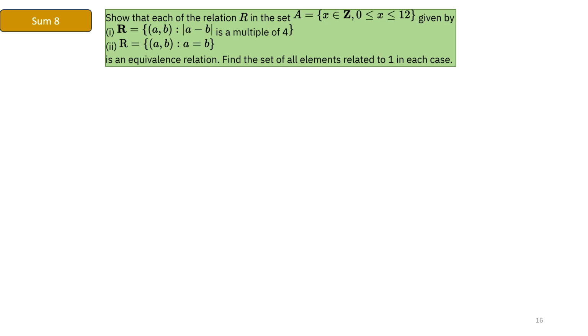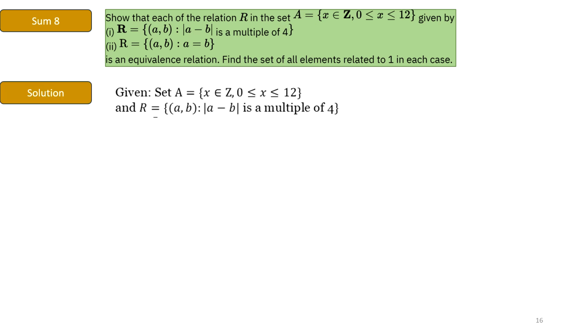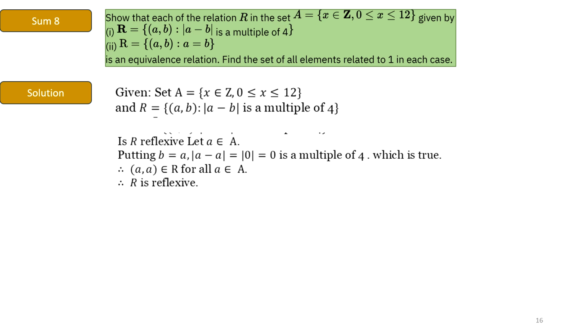Show that the relation R in set A, as given in the question, is an equivalence relation. Let a be an element of the set A. Putting b equals a in the relation, we get mod of a minus a, which is 0.